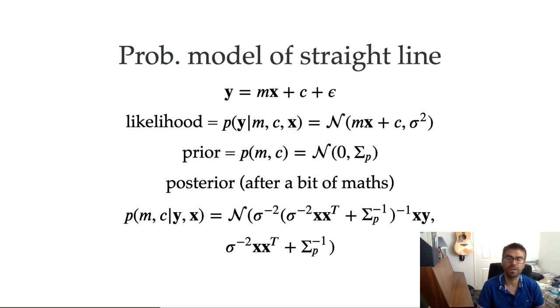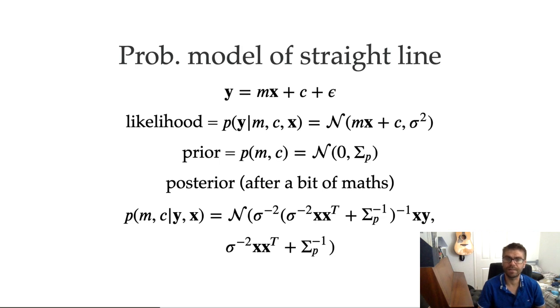And again, you have to assign a probability distribution to that. So in this example, we'll assign a Gaussian distribution centered on 0 with some sort of uncertainty quantified by our covariance matrix, sigma. Combining that likelihood and the prior with a bit of maths leads us to the output, the posterior probability distribution.